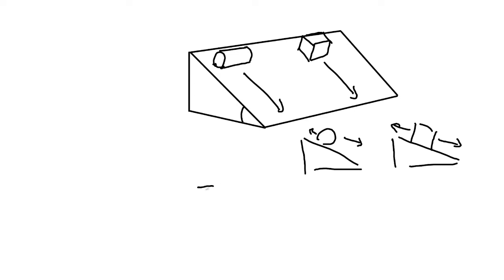We know that our torque is going to be equal to our moment of inertia times our angular acceleration, right? Our torque, in this case, is going to be equal to our force times our radius. And we're talking about the frictional force, so that's going to be our frictional force times our radius.